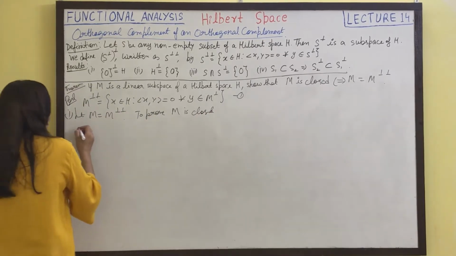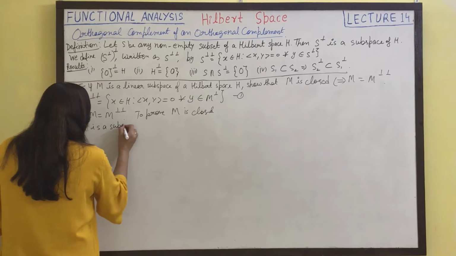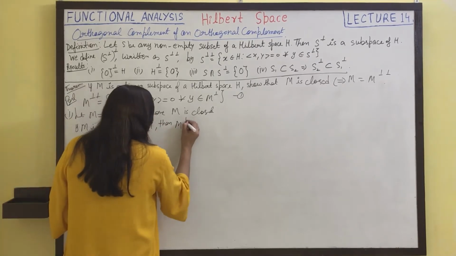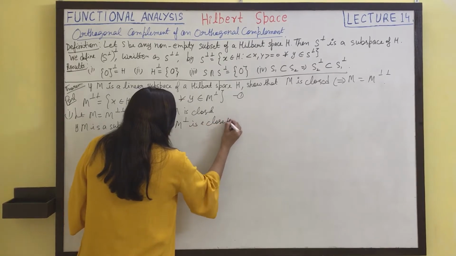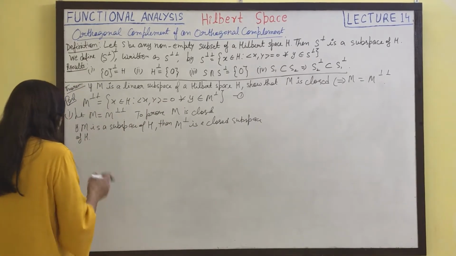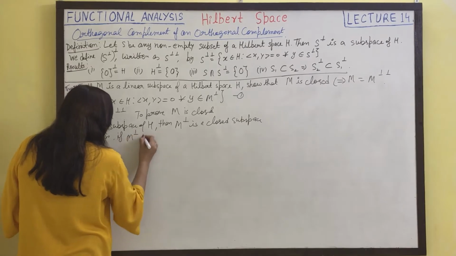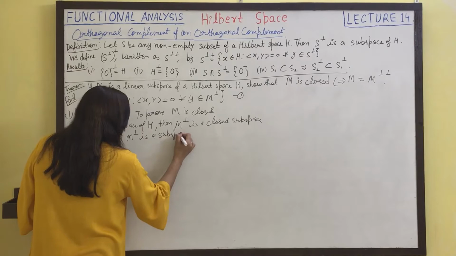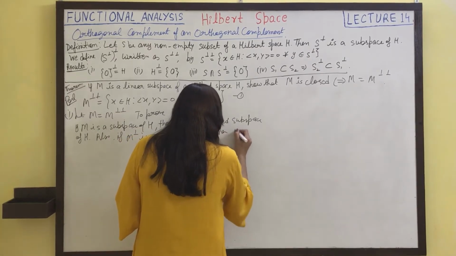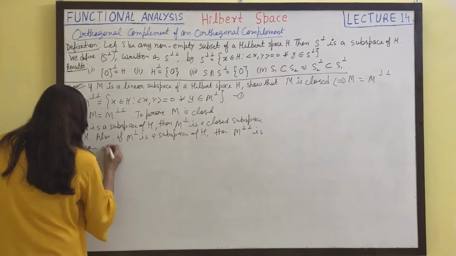Now we know that if M is a subspace of H, then M perp is a closed subspace of H. Similarly, if M perp is a subspace of H, then M perp perp is again closed.